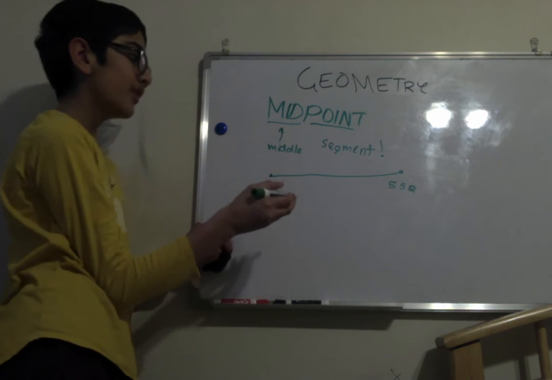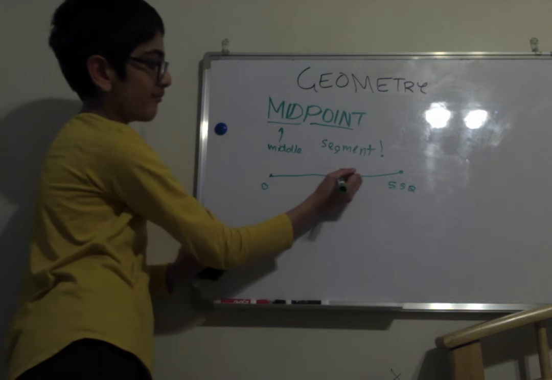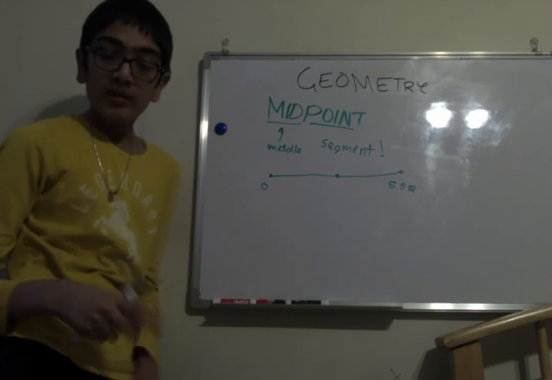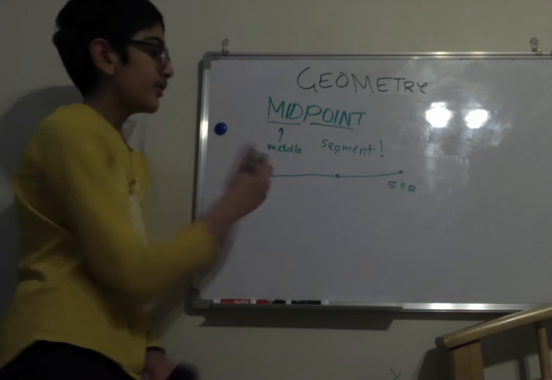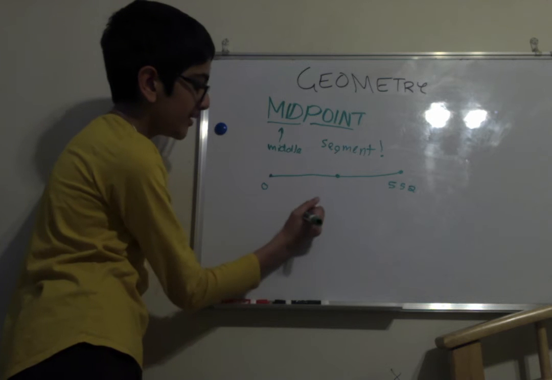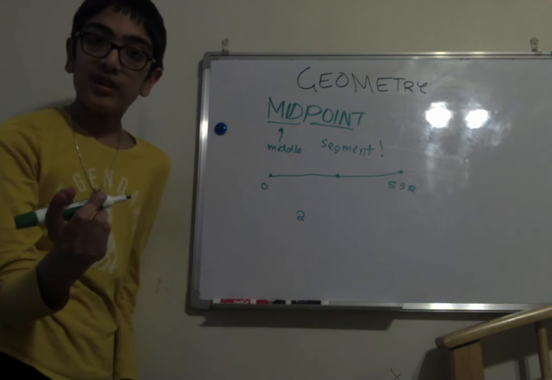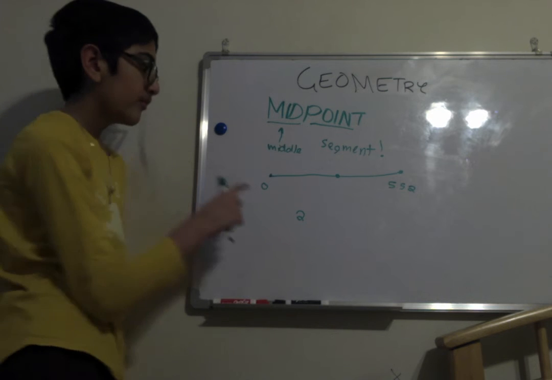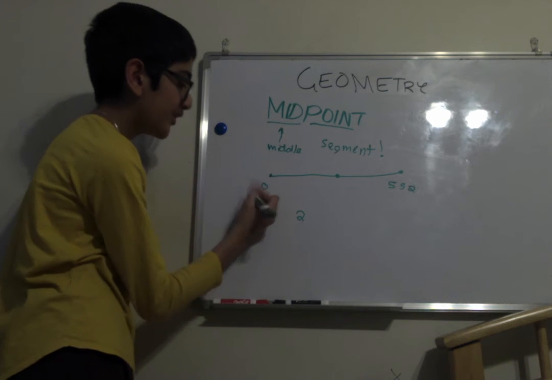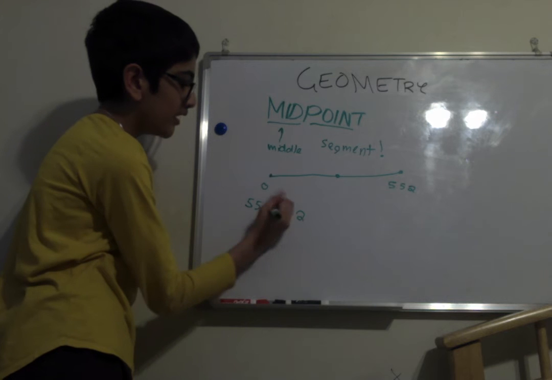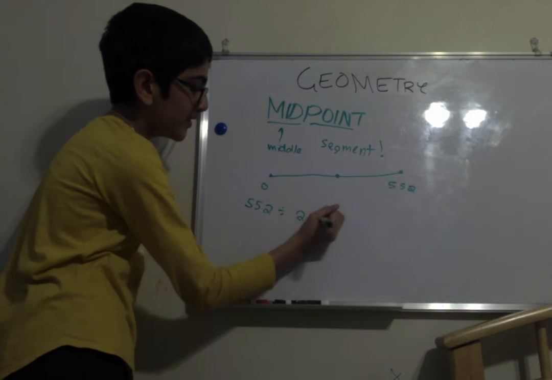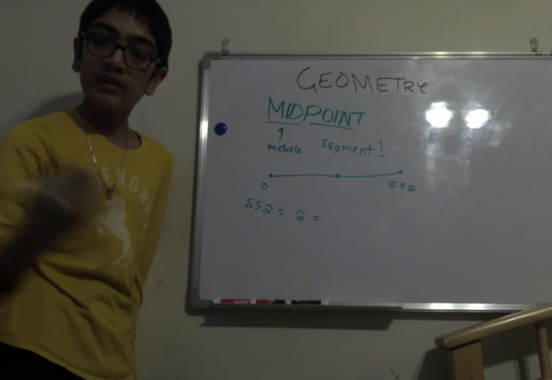Okay? So I need to find the midpoint, so where can I put it? We have to divide it into 2 pieces that are the same. And it's between 0 and 552. So then we just take 552 and divide it into 2 congruent pieces. That would give us the length of the piece.